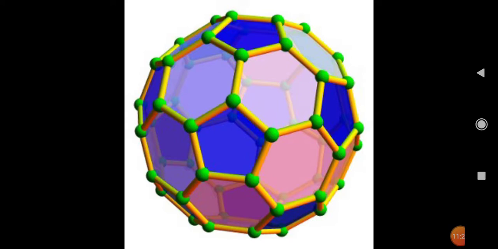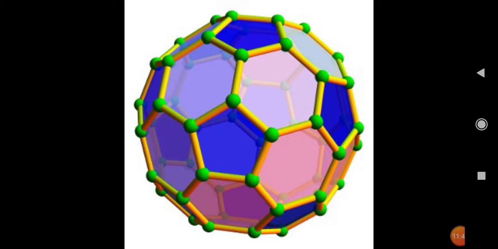Fullerenes have a number of applications. For chemotherapy we use fullerenes along with carbon nanotubes for the treatment of cancer. Sometimes these are also used in drug delivery systems. These are the allotropes of carbon.